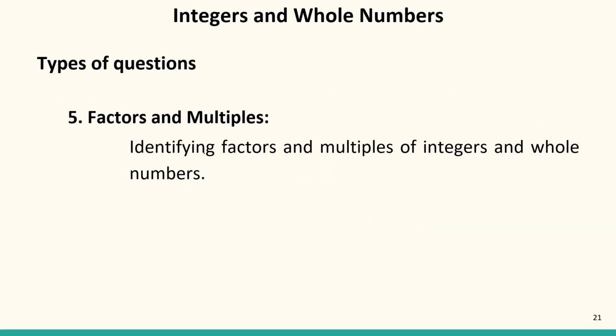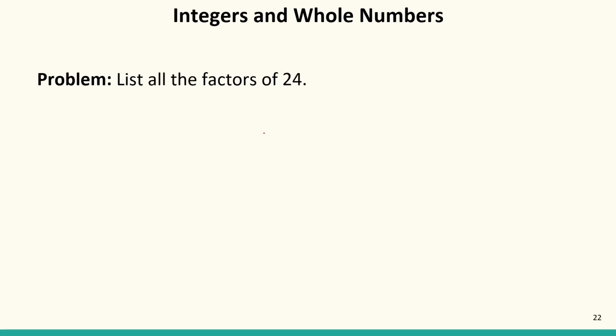Then we did a problem on factors and multiples. Here we were asked to find all the factors of 24. We started from 1 and went through all the integers up to 24 and sorted out all the integers that divide 24 leaving 0 as remainder.